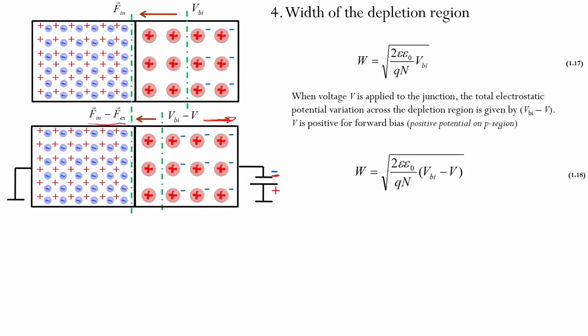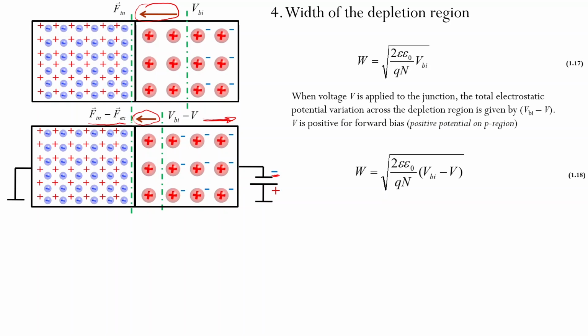We subtract the external from the internal electric field, and as a result there will be a smaller electric field. A smaller electric field does not come by itself. It should be provided by a certain space charge. If initially we had a larger electric field, this larger electric field required a larger space charge in order to provide it.